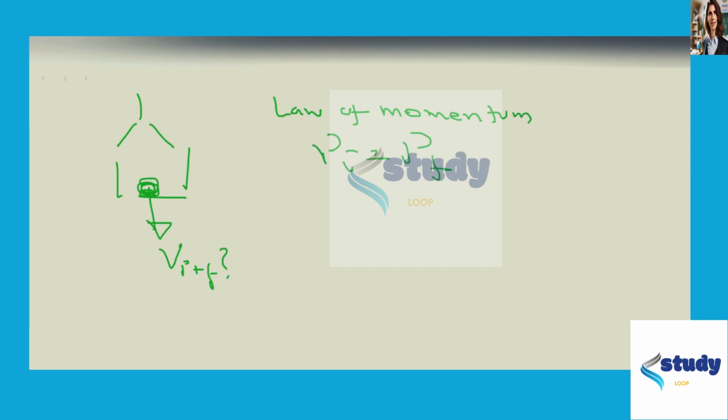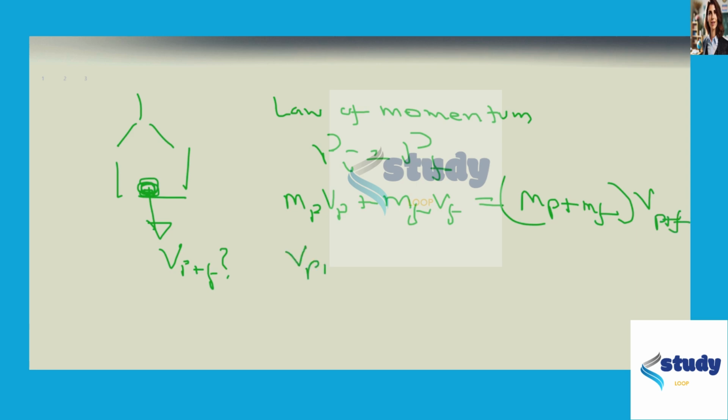The initial momentum is the mass of the putty and its velocity plus the mass of the frame and the velocity of the frame. Remember, the initial velocity of the frame is that it's not moving. Then both are combined together with a common velocity, which we call Vp+f.